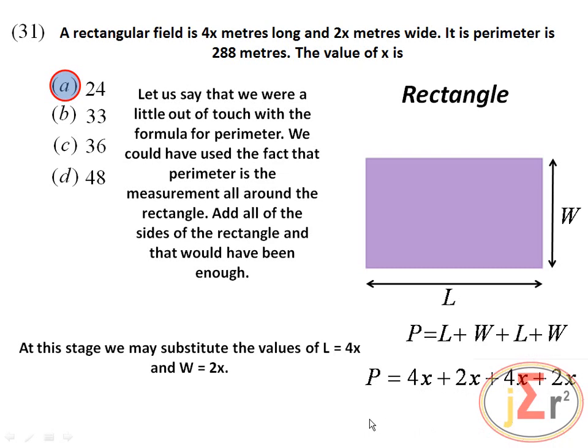Therefore, adding all of these, what will the result be? 12x as before. So that is how we could have determined that the perimeter could have been 12x. And of course, after determining that the perimeter is actually 12x, we may equate that to 288 as before.